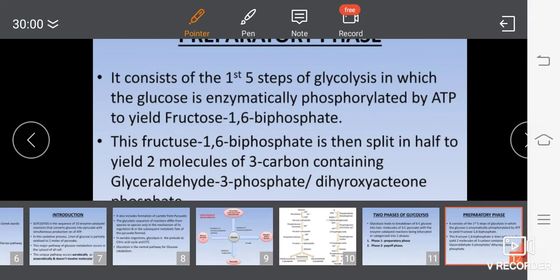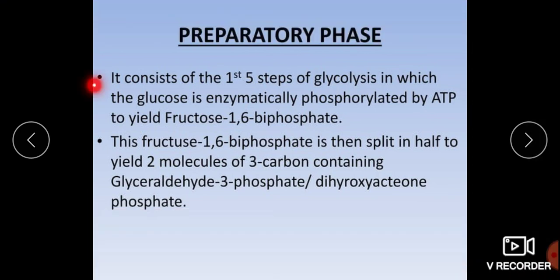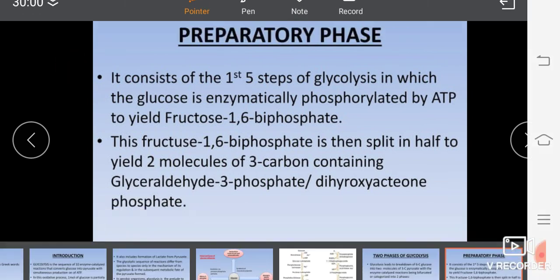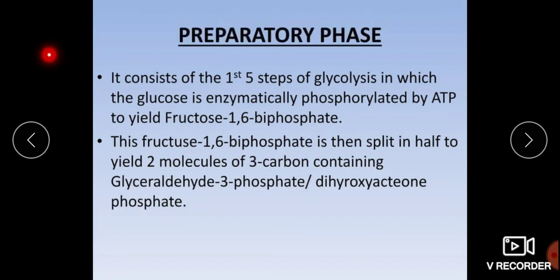The preparatory phase consists of the first 5 steps of glycolysis, in which glucose is enzymatically phosphorylated by ATP to yield fructose 1,6 diphosphate, and this fructose 1,6 diphosphate is then split into 2 molecules of 3 carbon glyceraldehyde 3 phosphate and dihydroxyacetone phosphate.